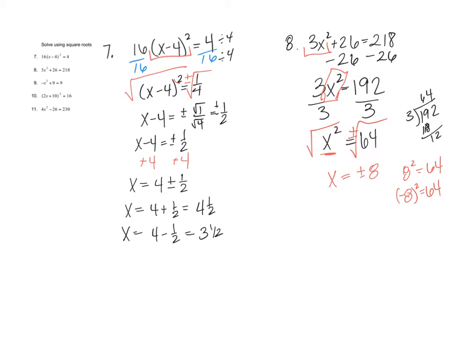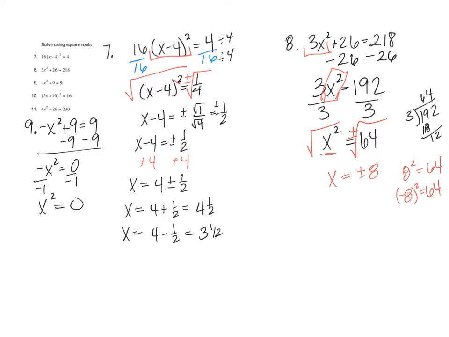Number 9. We'll do it over here. Negative x squared plus 9 equals 9. So we're going to subtract 9 from both sides. We get negative x squared equals 0. Divided by negative 1. There is no negative 0, so x squared equals 0.